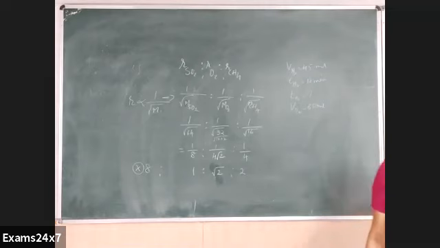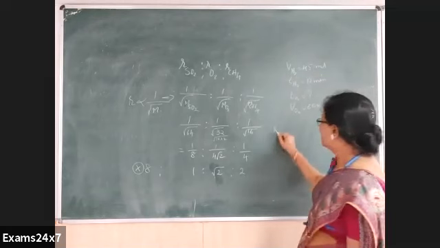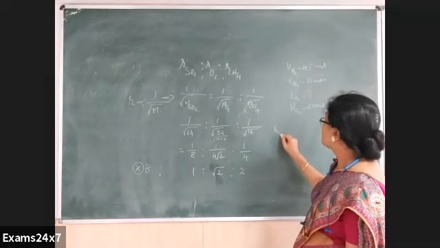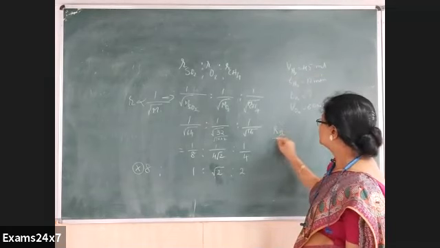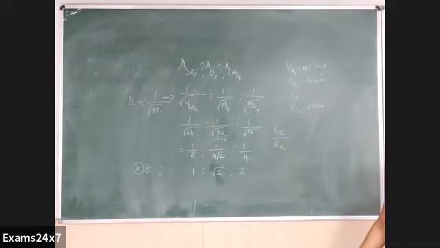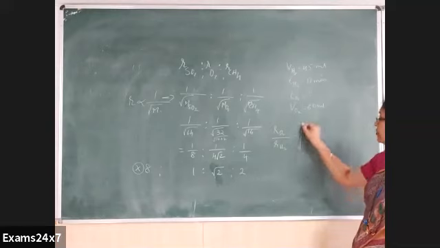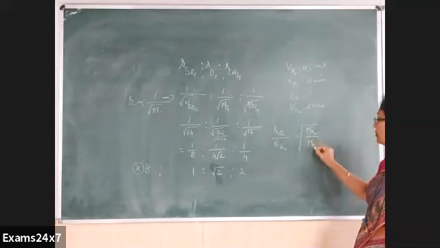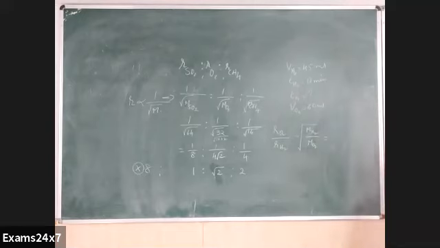How to solve this? Graham's law, right? Rate of diffusion. R of oxygen to R of hydrogen. If you take this ratio, we can say this is square root of molar mass of hydrogen to molar mass of oxygen, which should be equal to V by T ratio.